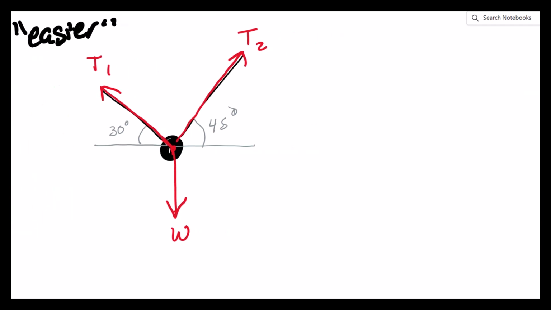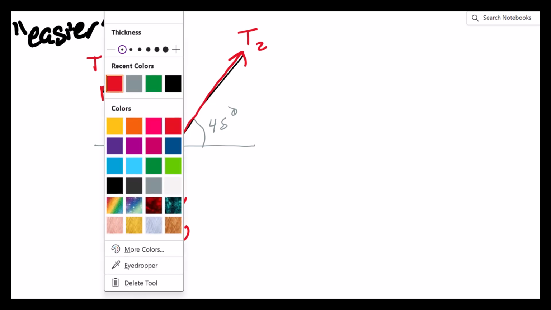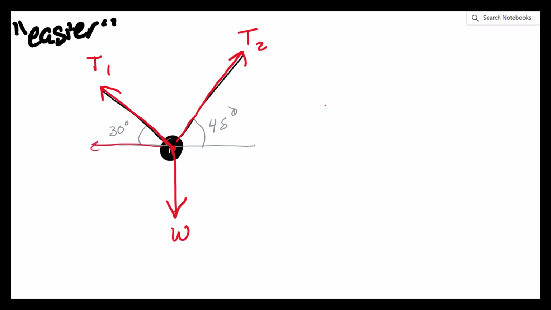Okay, so the first thing I'm going to do is break these up into pieces. This is the adjacent side, so T cosine 30. This is the opposite side, T sine 30. And this is, again, why I'm not memorizing x's and y's.